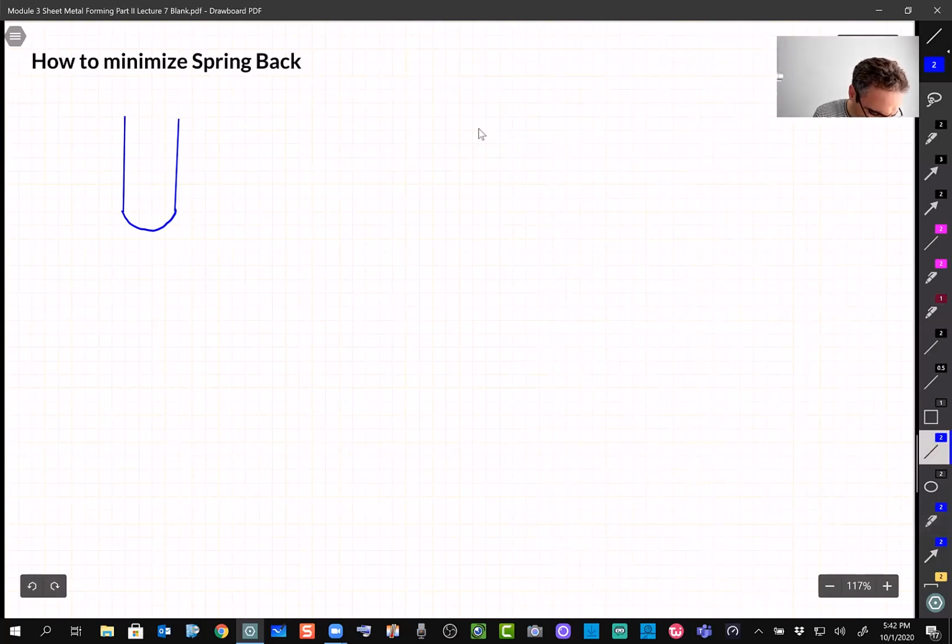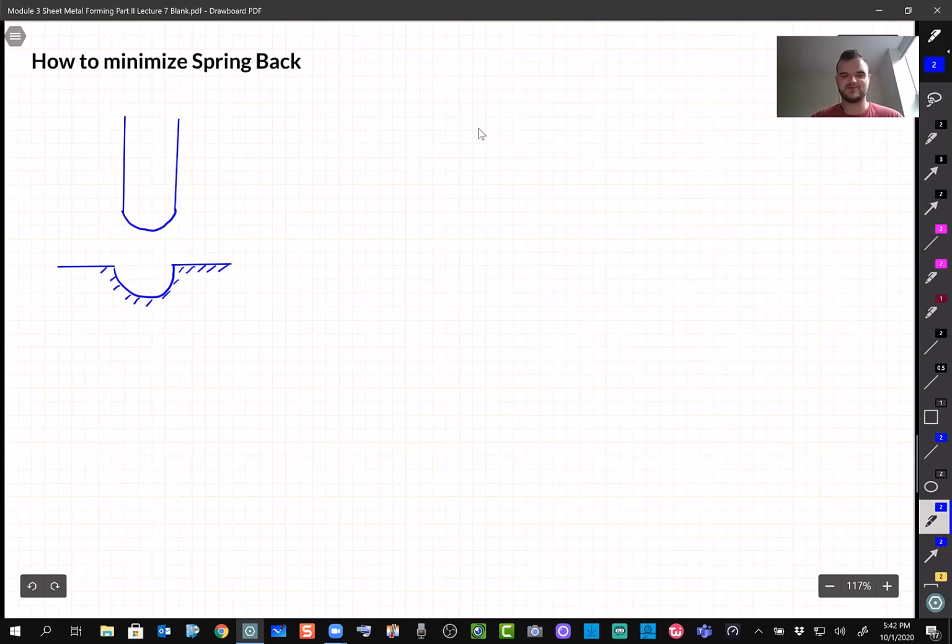Well, I'm getting, I guess, better in drawing digitally. It's not bad. You've definitely improved since Mac 260. I know.